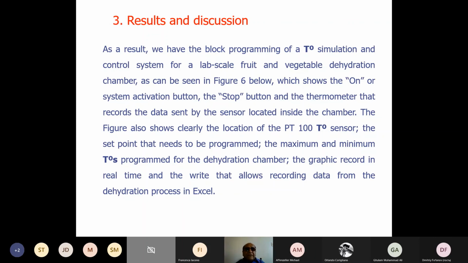The figure shows clearly the location of the PT100 temperature sensor, the set points that need to be programmed, and the maximum and minimum temperatures programmed for the dehydration chamber. The graph records in real time and the writer allows recording the data from the dehydration process in Excel.